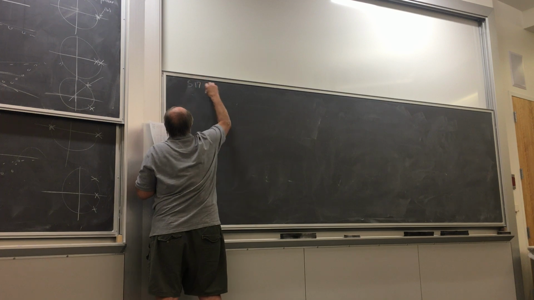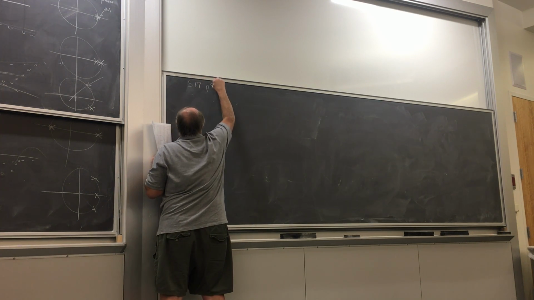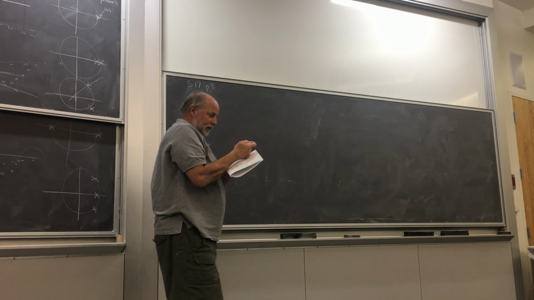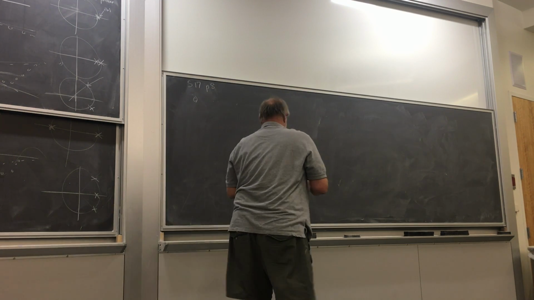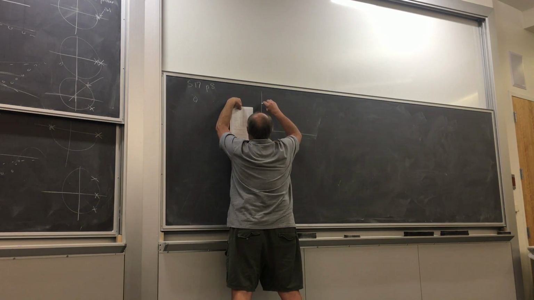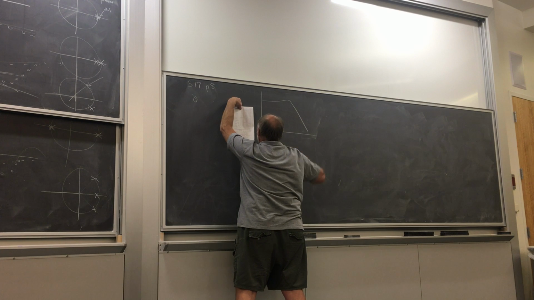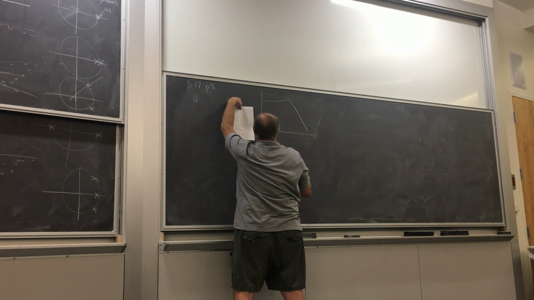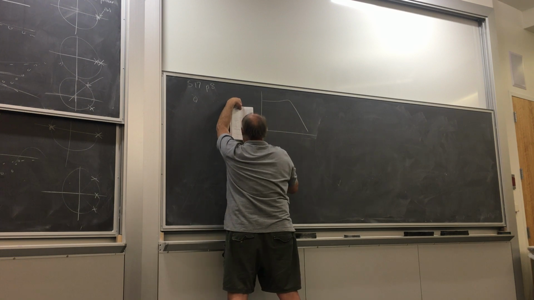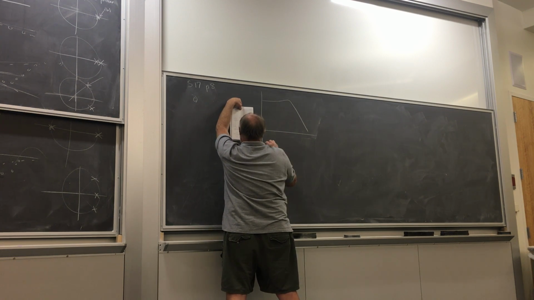Spring 17, problem 8, part C. Now you've got some plots there. You've got some Bode plots. And you've already done some work to figure out the gain margin and the phase margin. You've got a magnitude plot and you've got a phase plot.